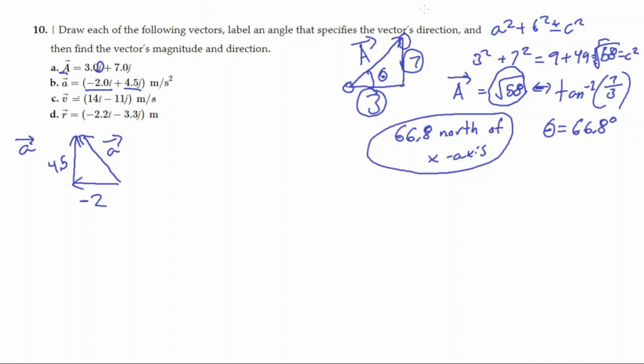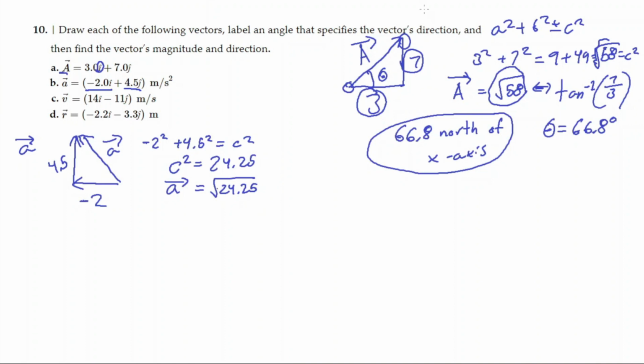Let's now find the hypotenuse, which is going to be the magnitude of the vector, which is -2 squared plus 4.5 squared equal to c squared. If you do the math, you're going to have c squared equal to 24.25. And that means the vector is going to have a magnitude of the square root of 24.25.